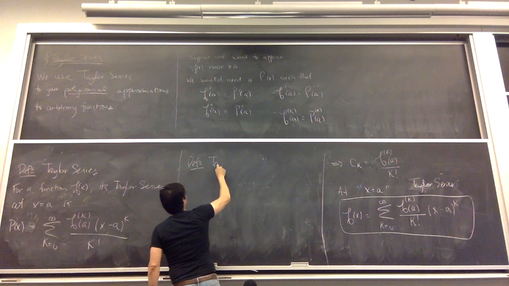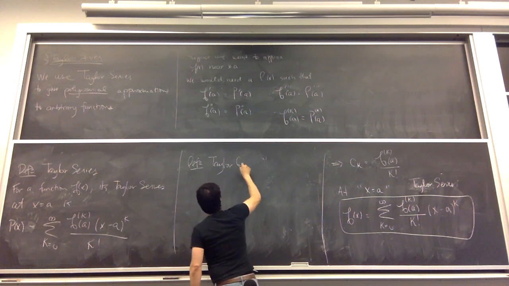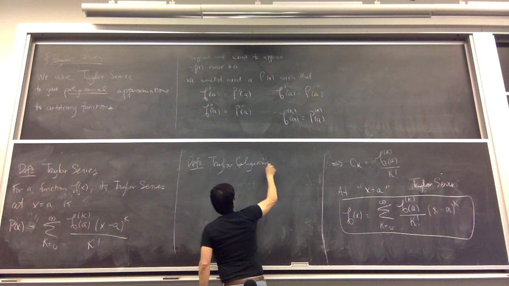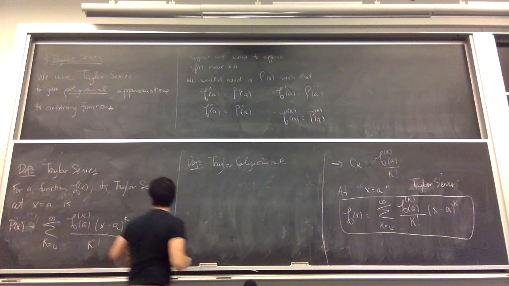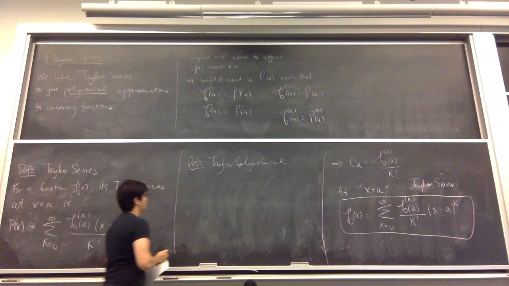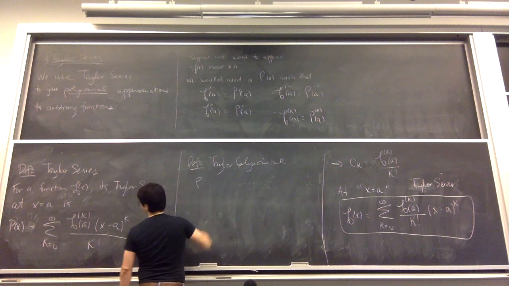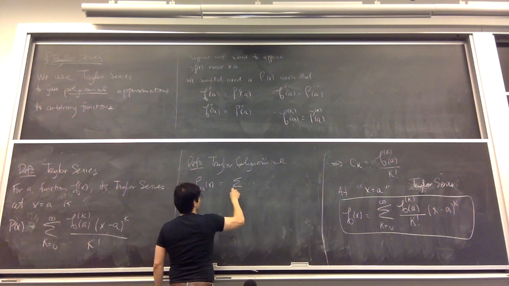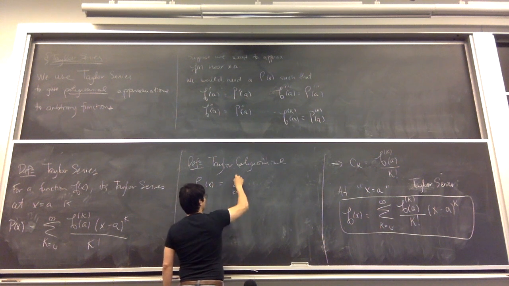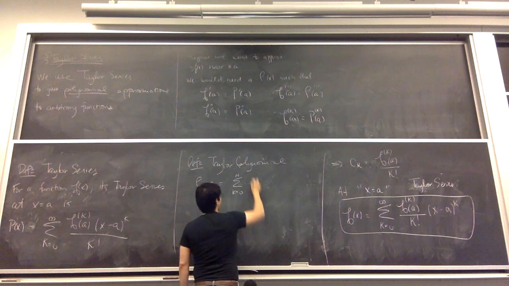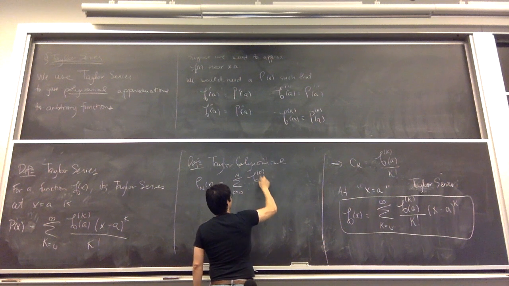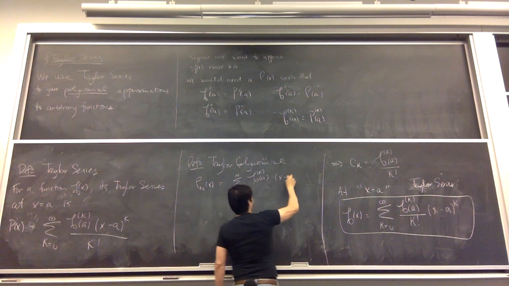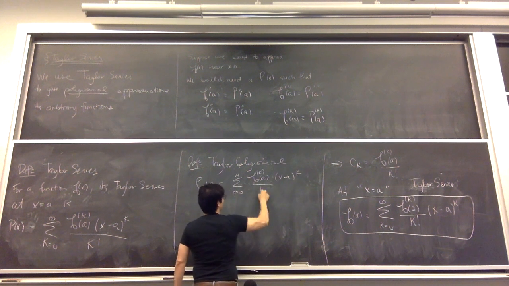Definition of a Taylor polynomial is just the finite sum over this. So a Taylor polynomial is denoted P n of x, and that's just equal to the sum from k equals 0 to not infinity but some finite n of the kth derivative of f at a, times x minus a to the k, over k factorial.